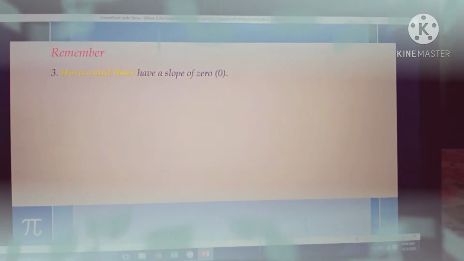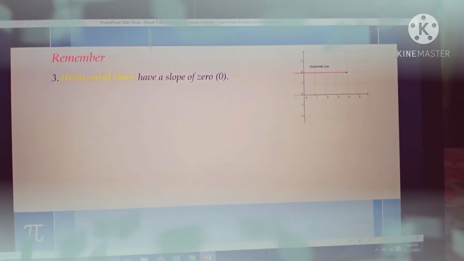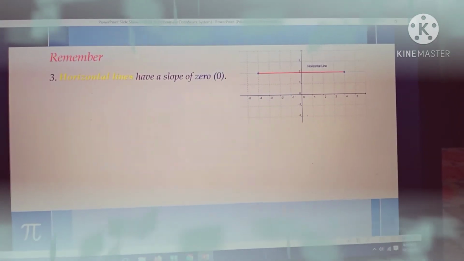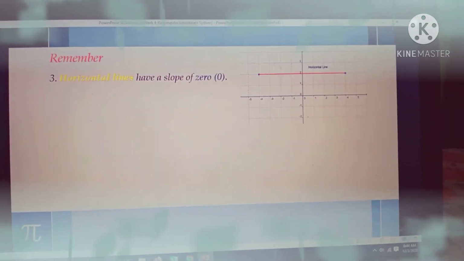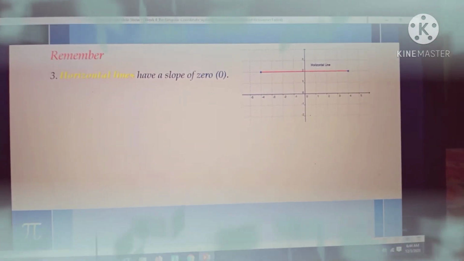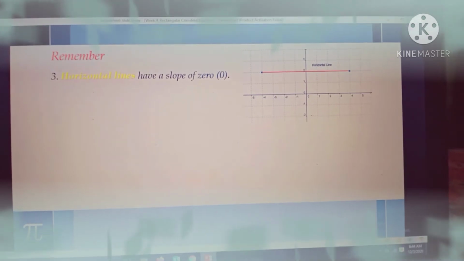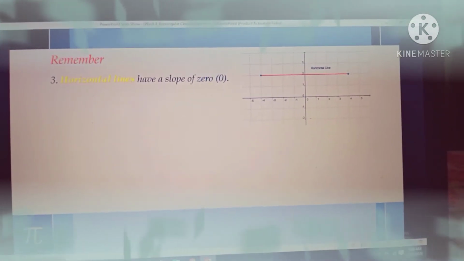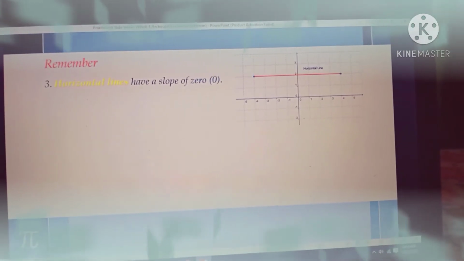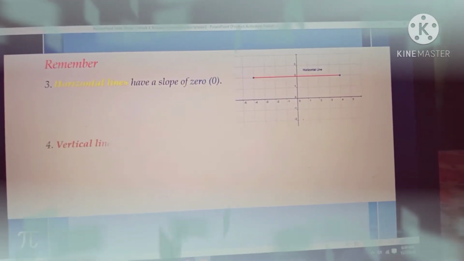Horizontal lines have a slope of 0. Why? Because there is no rise. This is all run. So if the graph only shows a run or the horizontal change, that is 0 slope.